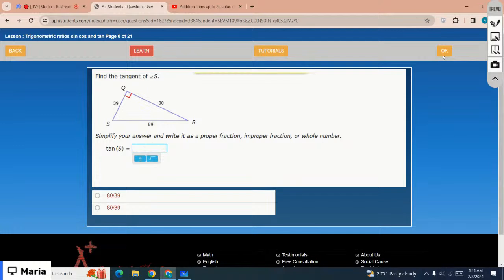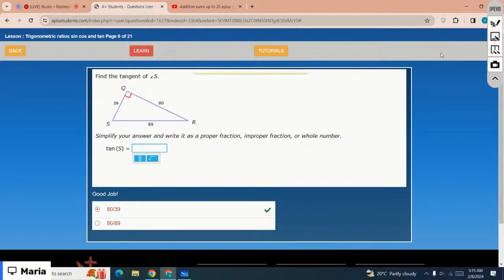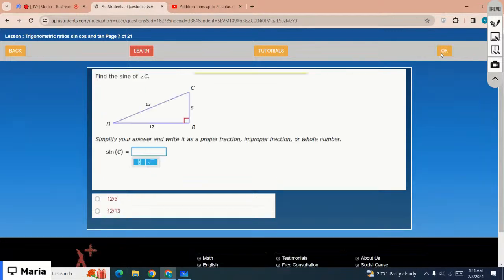Got it? The correct option is 80 over 39. Option number 1 is the correct option. Find the sine of angle C. So which is the correct option?